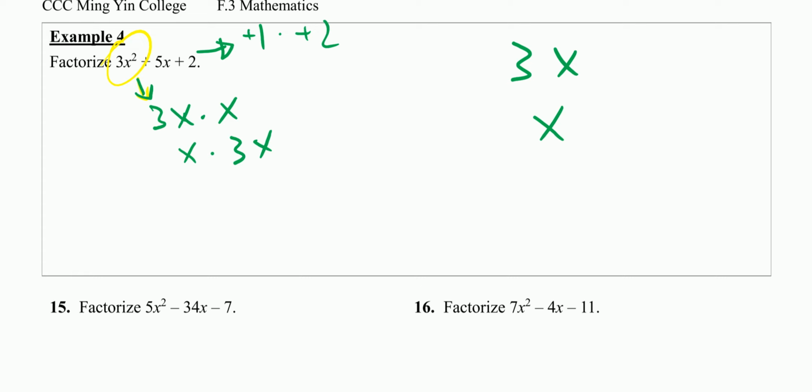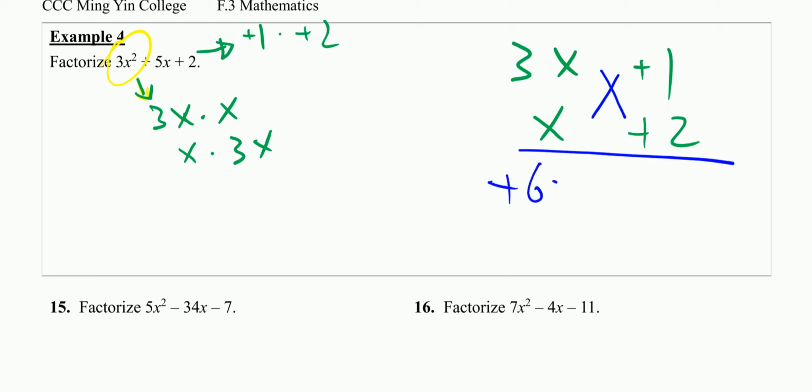So, if I just randomly put it in this way, and we try to put a cross, you can see here, 3 multiplied by 2 should be 6, and x multiplied by 1, but it adds up to be 7x. So it is wrong. It's not correct for our question.